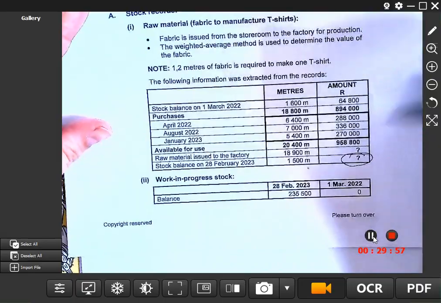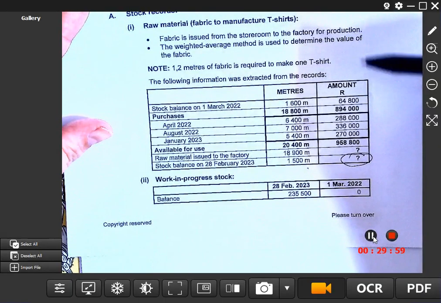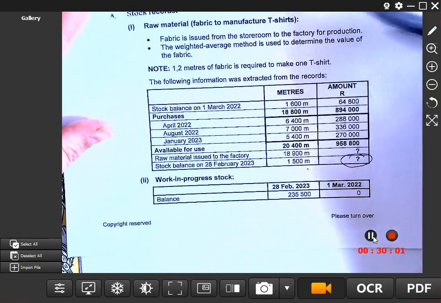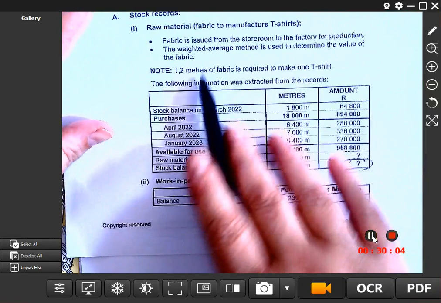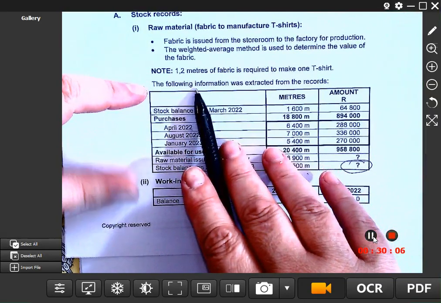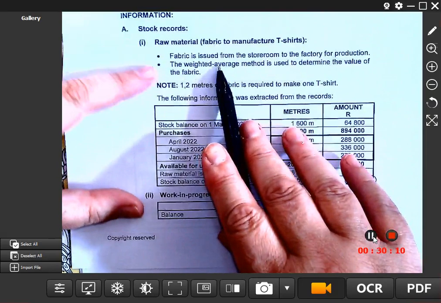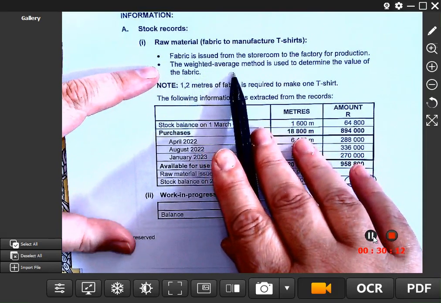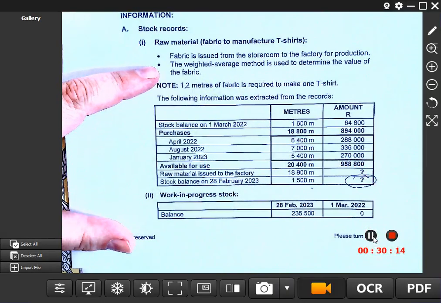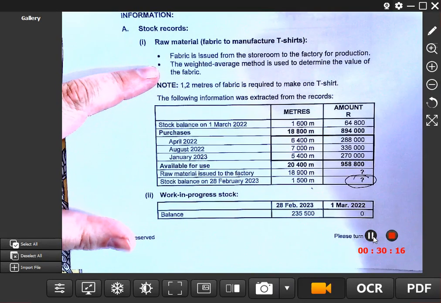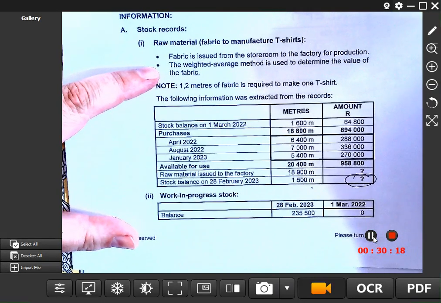Do they tell me a cost? They tell me the meters. They tell me the factory is issued from the storage. I don't know where to find it. I'm tired. My brain has gone totally blank.